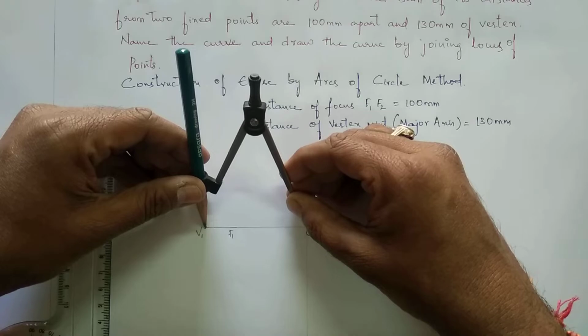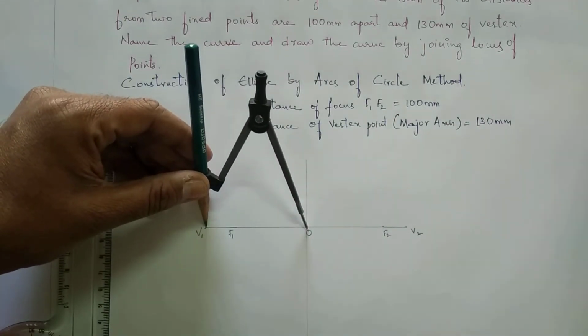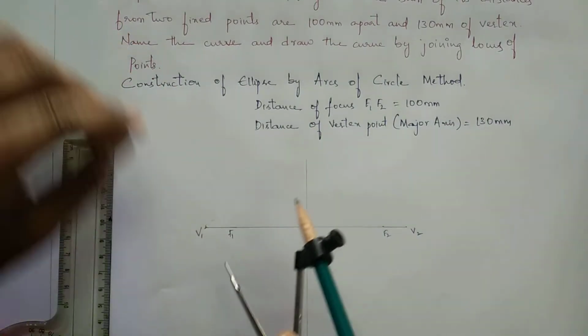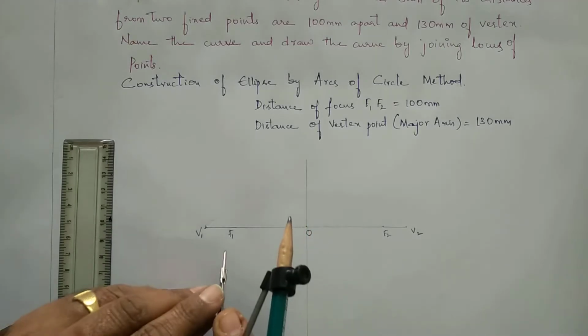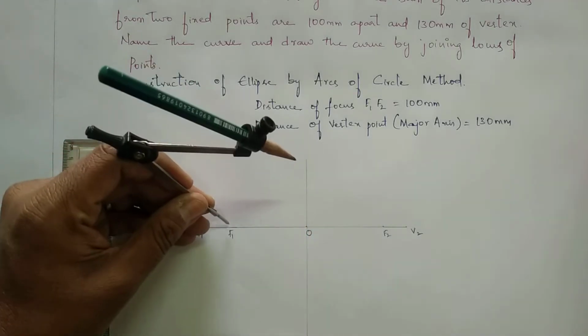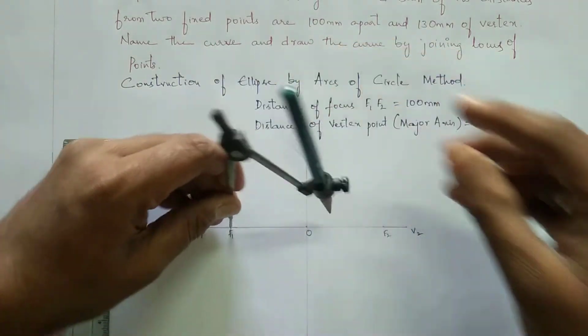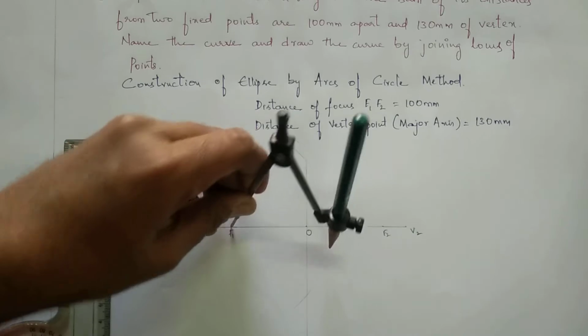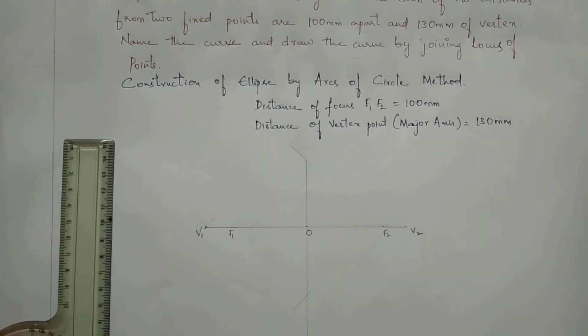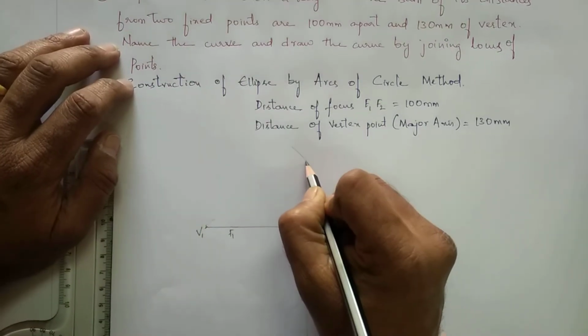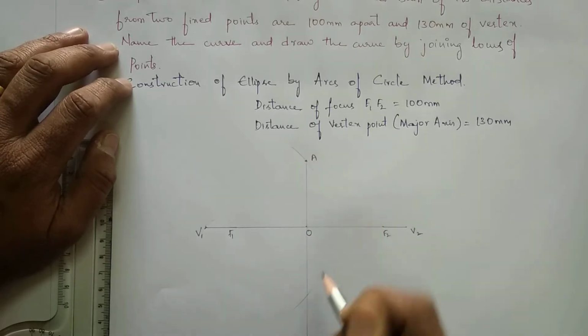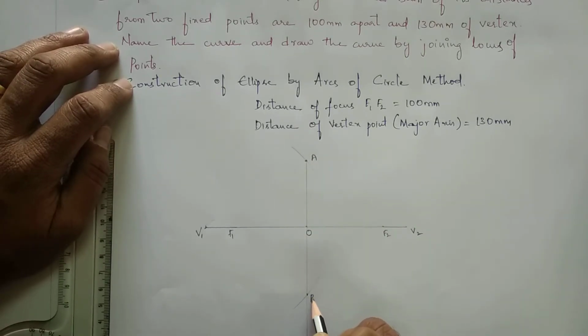Measure this length. Now, with focus F1 as a center, cut an arc on this line, such that you will be getting the minor axis. Mark this point as A. Mark this point as B.